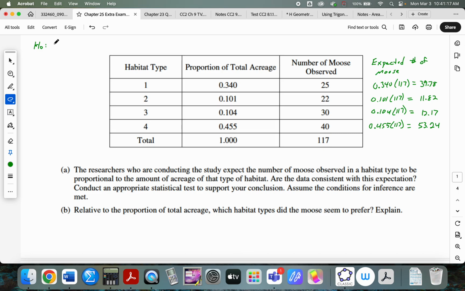Yeah, well, you just say the number of moose observed in a habitat type to be proportional to the acreage in that type of habitat.